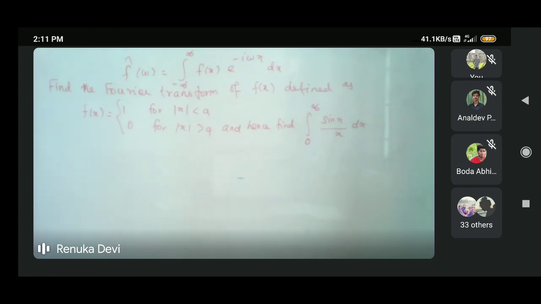So by formula, the Fourier transform is generally denoted by script F, or you can denote this as f cap w.